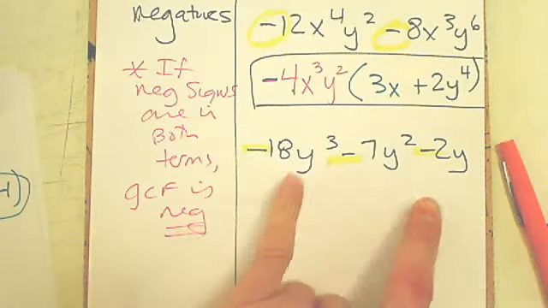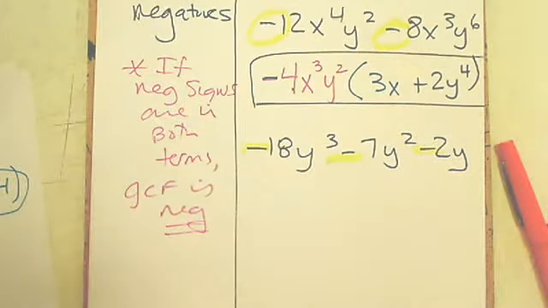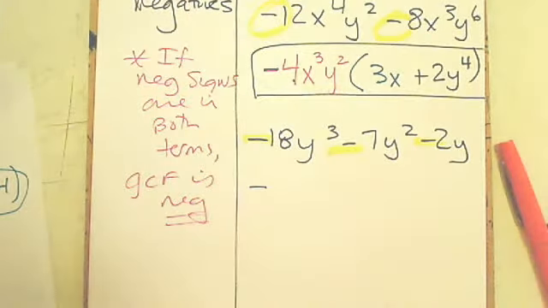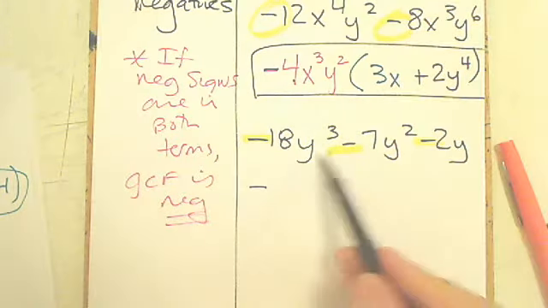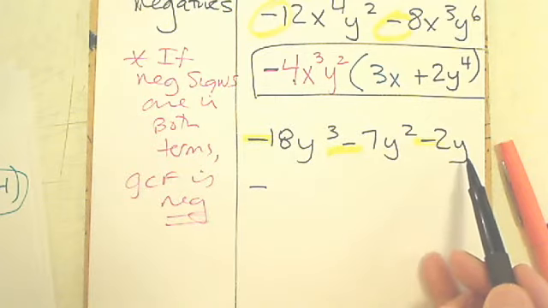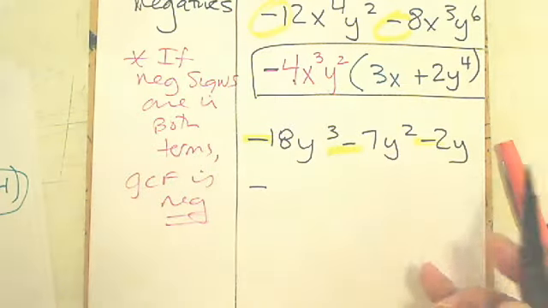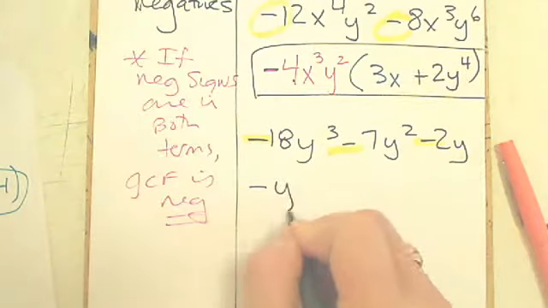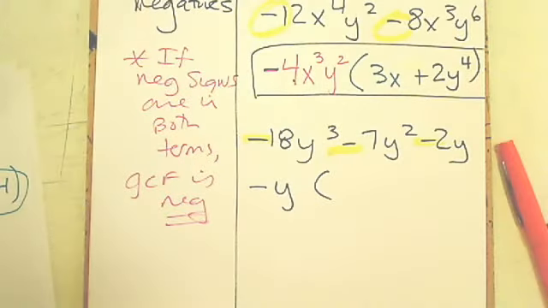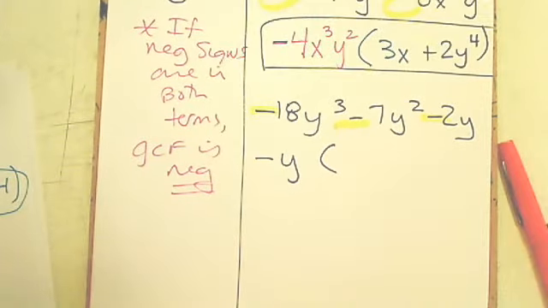So again, we have negatives present in all 3, so I know my GCF is going to be negative. But 18, 7, and 2 have no common factors, so it could be 1. But we still have a y to deal with. How many y's can I take out? Only one y. So your negative y, same thing as negative 1y, is your GCF.